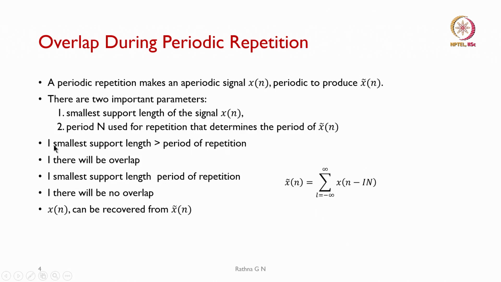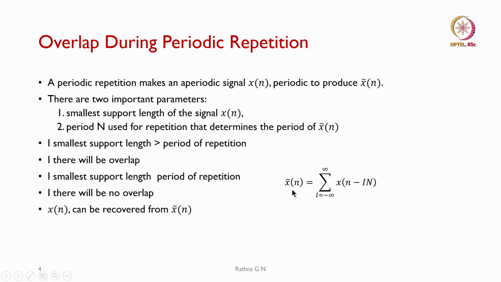If the smallest support length I is greater than the period of repetition, there will be overlap. If the smallest support length is less than or equal to the period of repetition, there will be no overlap. These are the conditions for overlap and no overlap, and x of n can be recovered from our periodic signal x tilde of n.